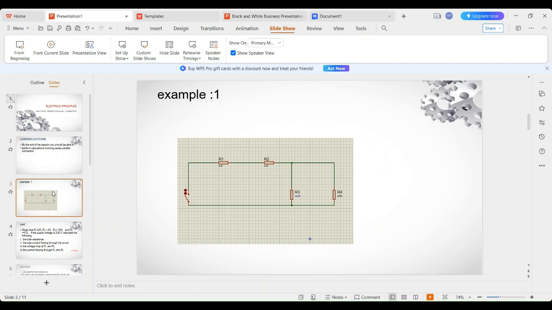So let's look at our first example. Example number one is a circuit with components connected in both series and parallel.